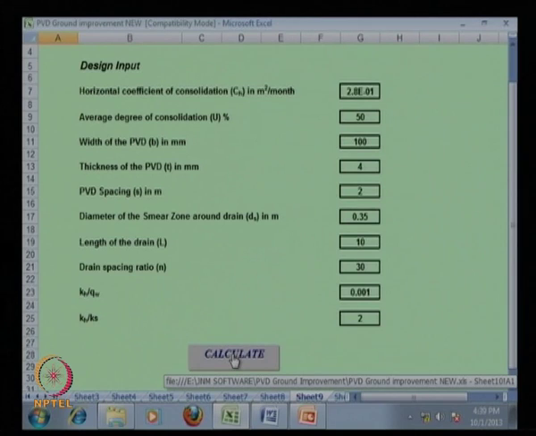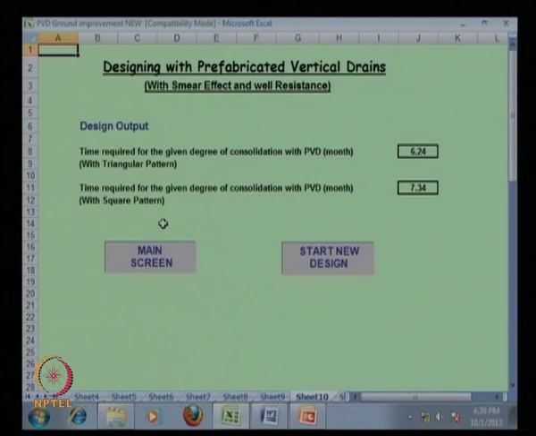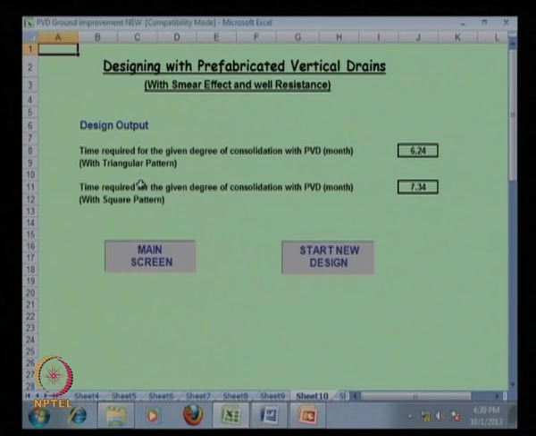Now, if you calculate, you can obtain the design output: time required for the given degree of consolidation with PVD in month with triangular spacing is 6.24. If you consider the smear zone, time required with square pattern is 7.34 month. So, you can see that when the smear zone is taken into consideration, you require more time.